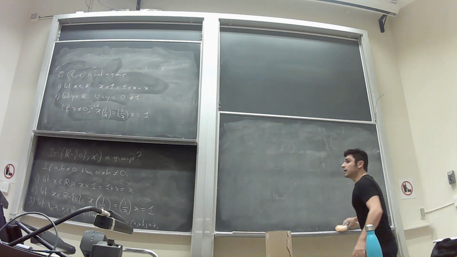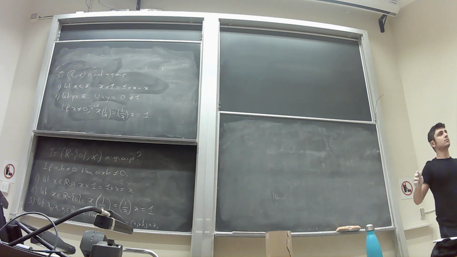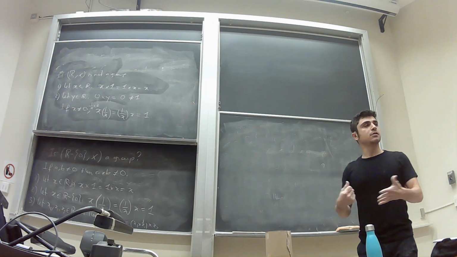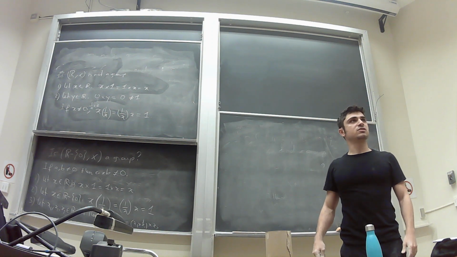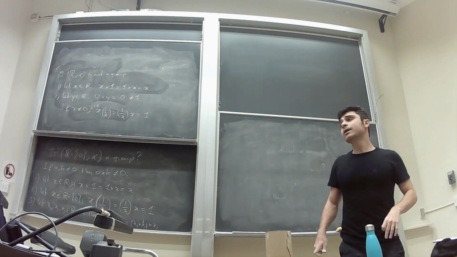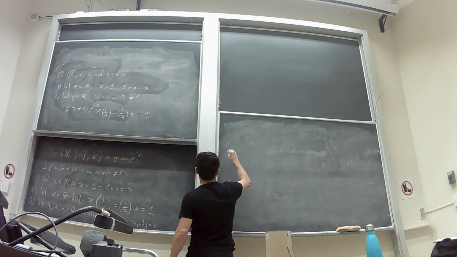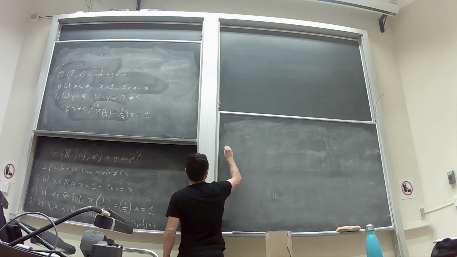Okay, is it clear what a group is? I give you a set and a binary operation on it, and then you have to check whether these three properties hold. That's it. Let's give some definitions.